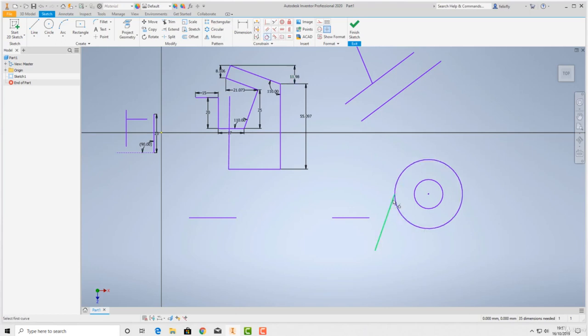If we make it tangent, then you can see it meets the circle at the correct tangent so that it sweeps around nicely. Okay, that is one that we use quite a lot when we're drawing these parts, especially parts with curved ends, because you do want it to be tangential or you can run into all sorts of problems.